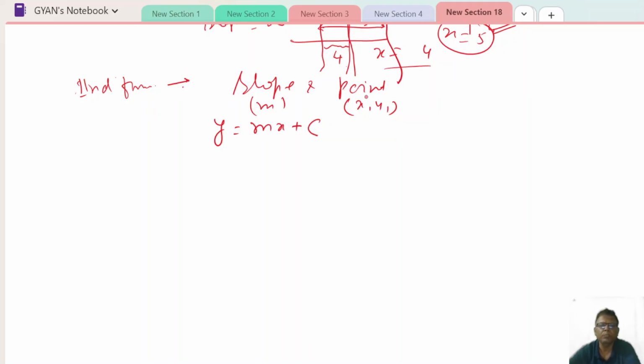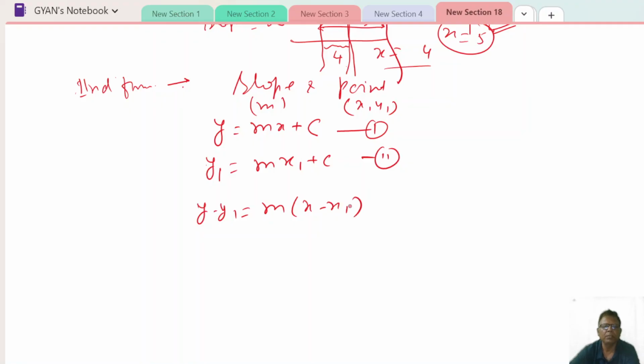So this point will satisfy this equation because this point is lying on this line. Then y1 is equal to m x1 plus c. This is the first equation, this is the second equation. So you subtract, y minus y1 is equal to m times x minus x1. This is the second form. So if one slope is there and one point is there, you can write the equation immediately.